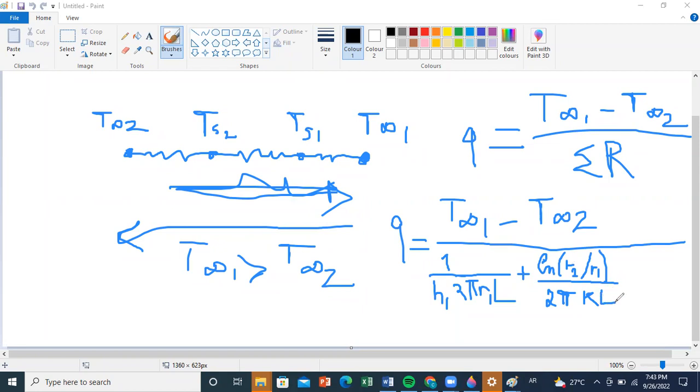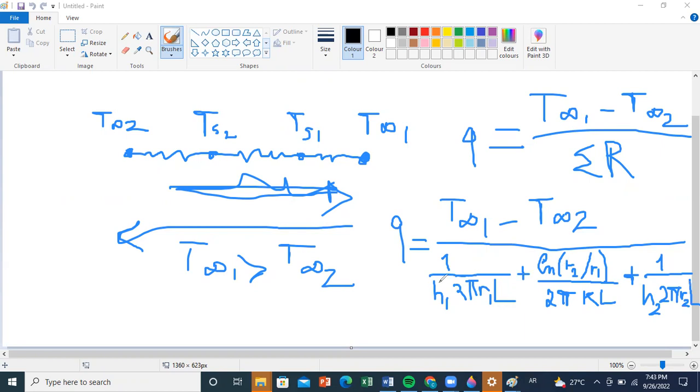And we have also the resistance of convection. So 1 over H2 times 2 pi R2 times L. So now we have everything.